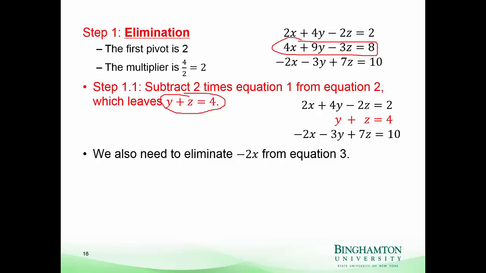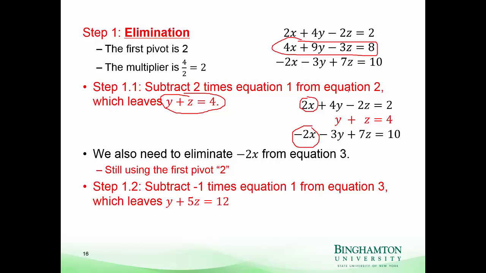Now, we look down below and we still have something down here that's in x. So remember, we need to get rid of that. There's only going to be one equation at the top that will have an x value in it. So we need to eliminate that. So our pivot is still 2, because the pivot is the equation that we're using to do the elimination. And our coefficient is minus 2.